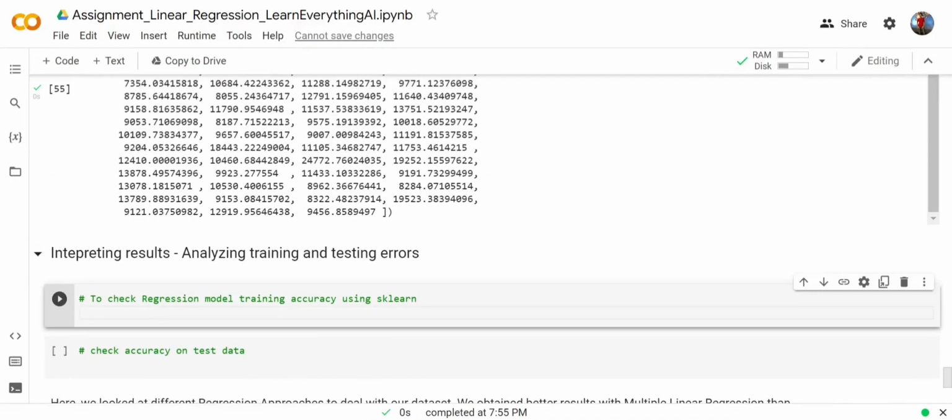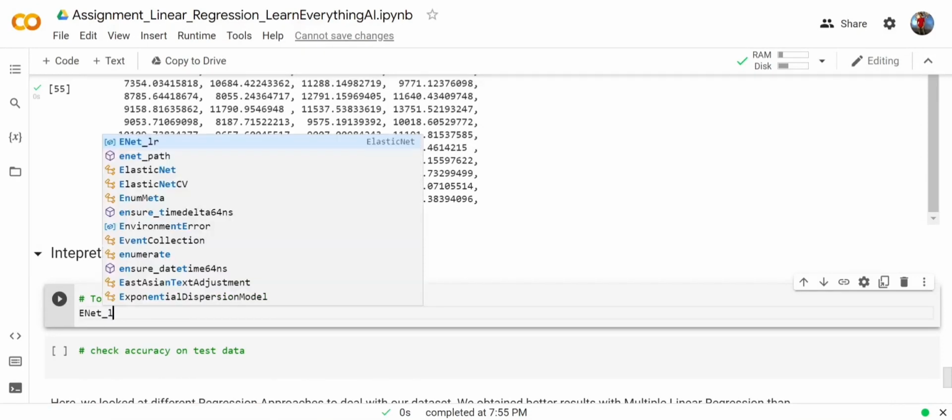Now we just check our last regularization technique.